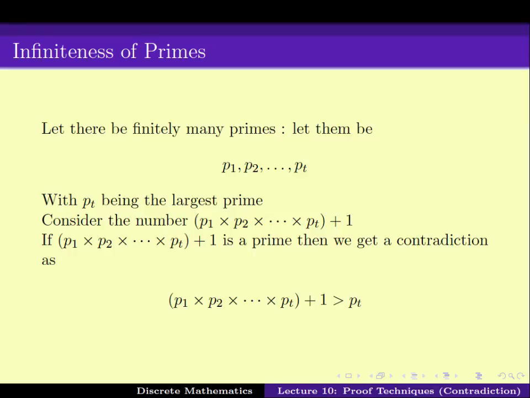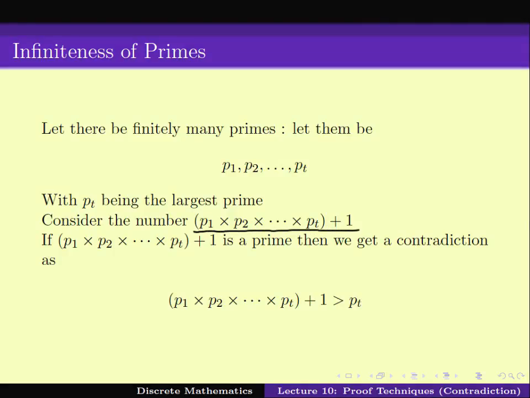Right? So this number, the product of all the primes plus 1, if this one turns out to be a prime, then what happens? Then it contradicts the fact that PT is the largest prime.